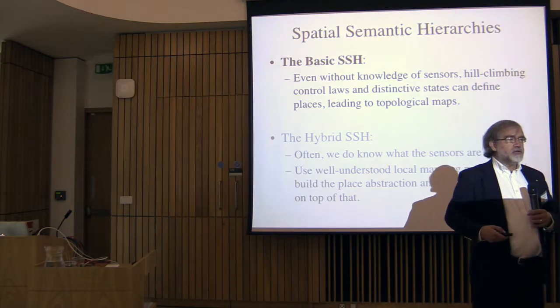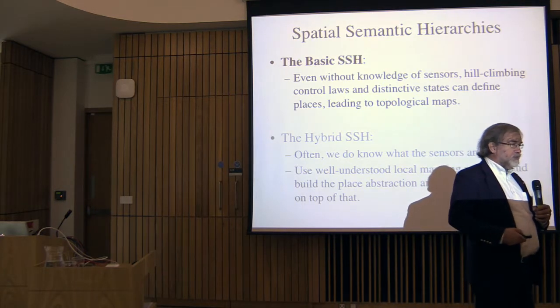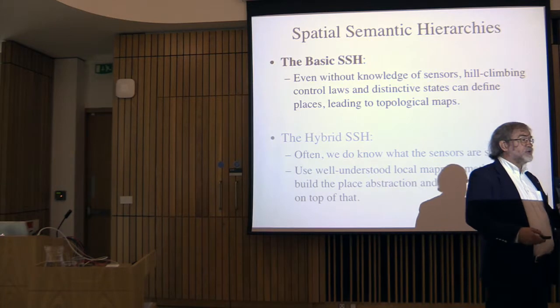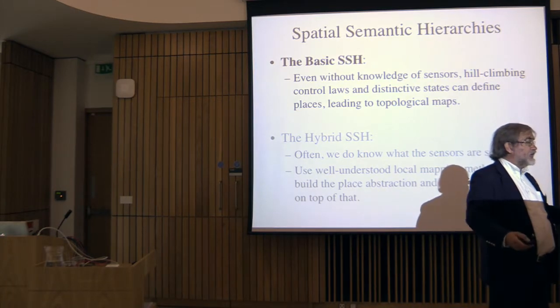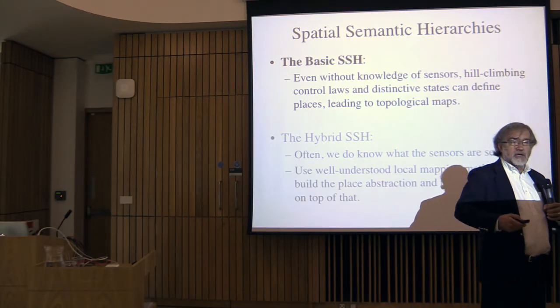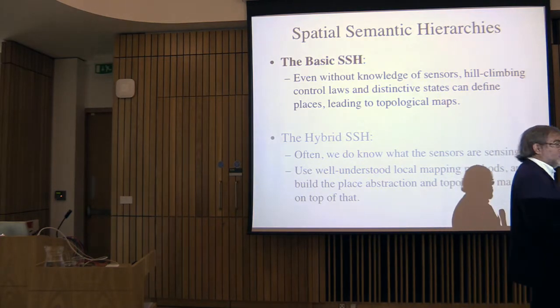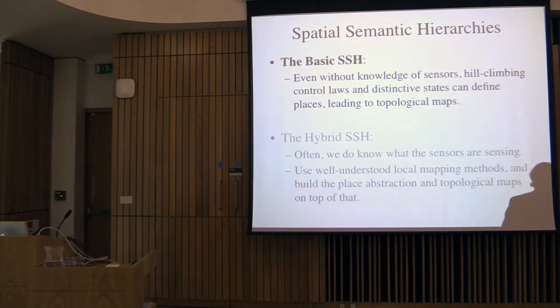Nonetheless, if I know enough about them to define control laws, then I can define places, I can define connections between things, and I can build up from there. And this question of how you come up with those control laws and how you use that is something that we'll be talking about after the break.